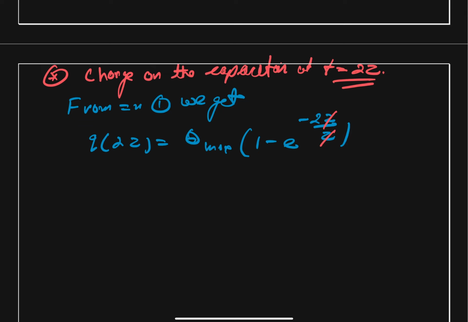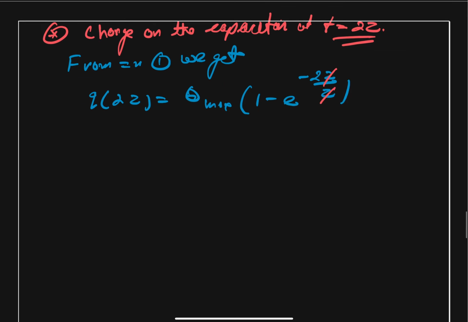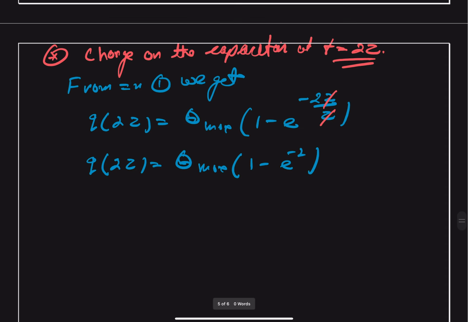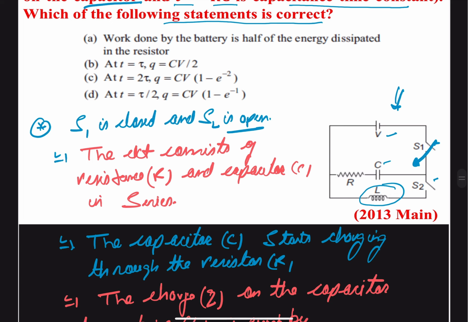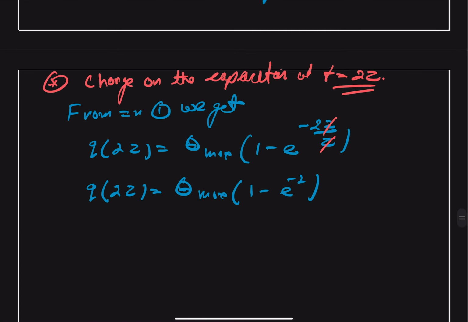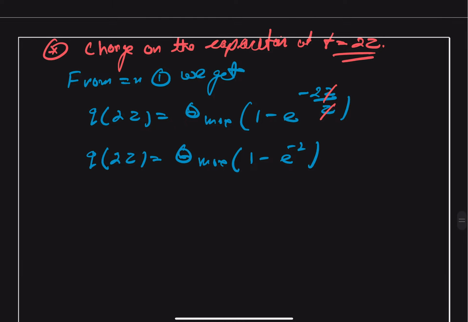Tau and tau cancel out. So we get charge at 2 tau equal to Q max times 1 minus e raised to the power minus 2. We can also solve it further if required, but in the question it is not required as such. So from here we can say that option C is the correct option.